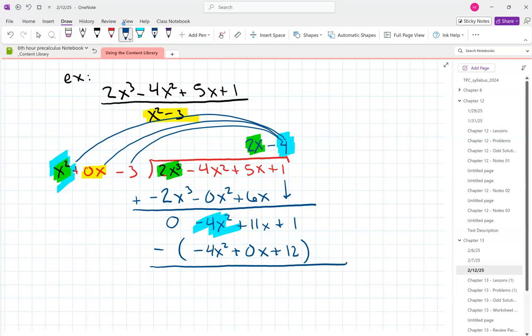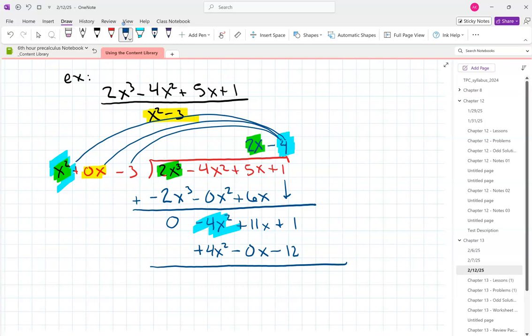And then subtract down. Once I've done that, I'm going to distribute through my negative. And then we're just going to add down.